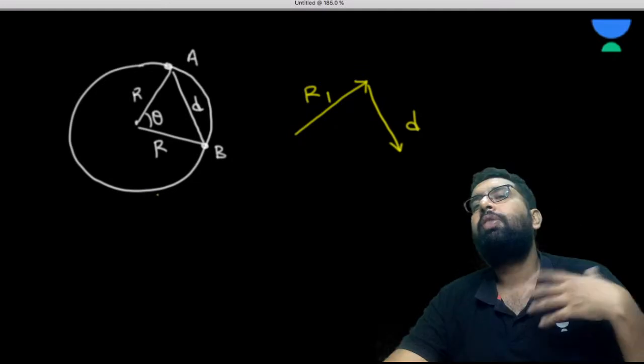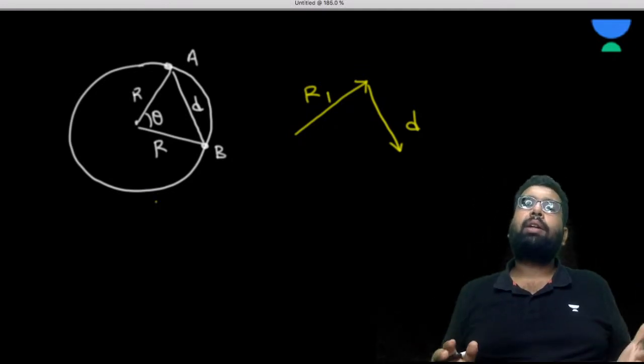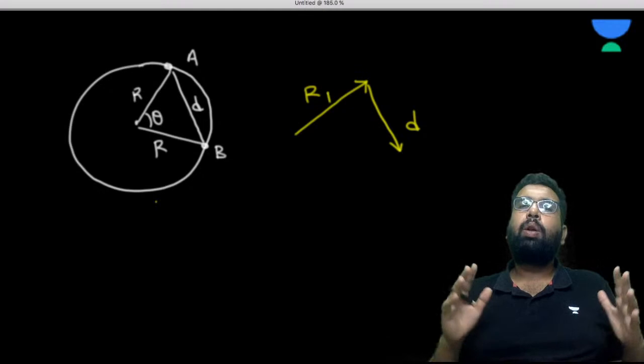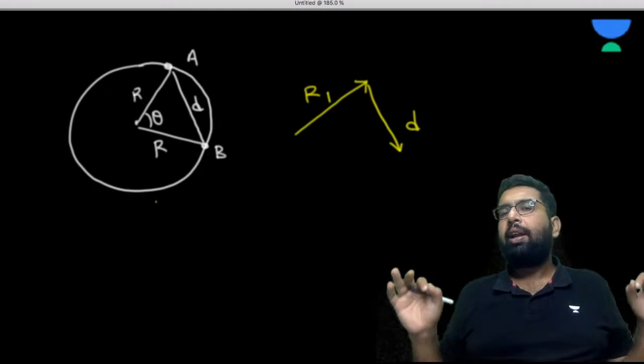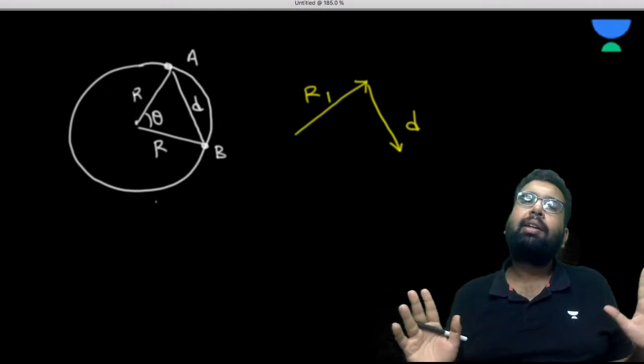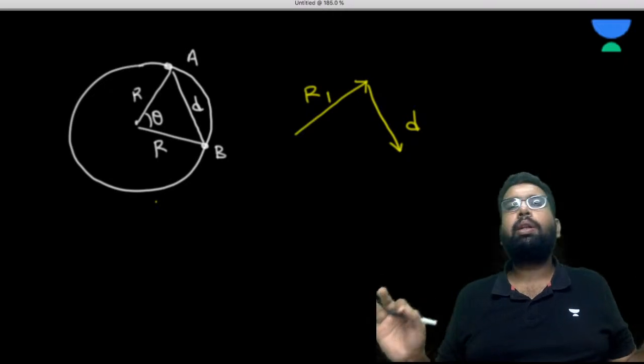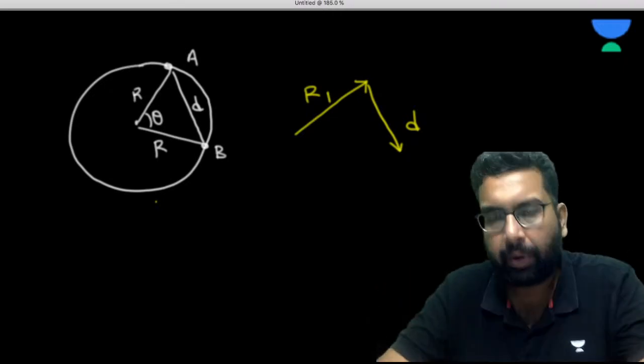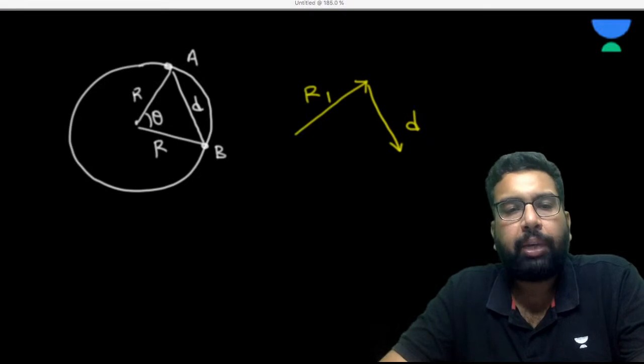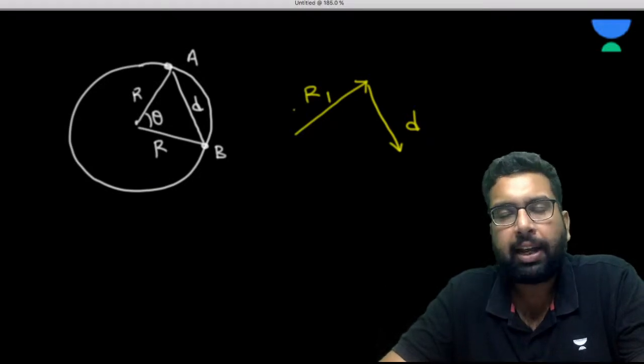When we go to the vector part, I'll tell you, even if two vectors are the same in magnitude, they are not the same vectors if they have different direction. Same vectors are the ones which have the same magnitude and the same direction. So this is going to be R1. Head-tail method: from the end of one vector, we go for another vector.